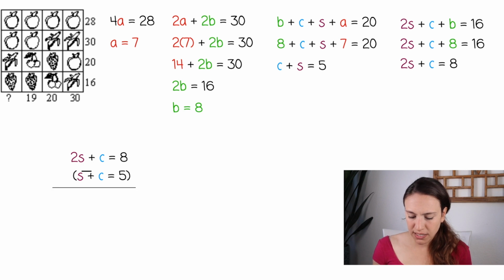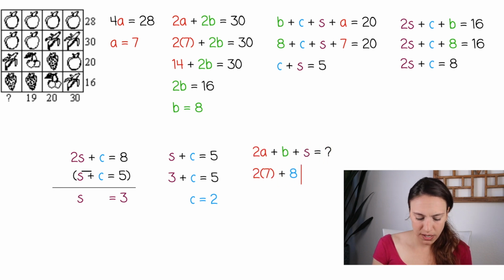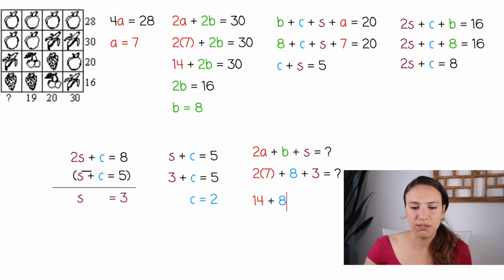Okay, the strawberry is equal to 3, which means our cherry is equal to 2. So then I have 2 apples, 14, plus a banana, 8, plus a strawberry, 3. So my answer is 25 for that one.